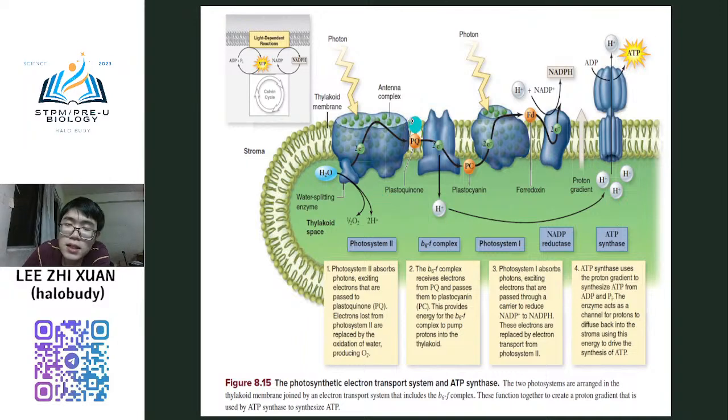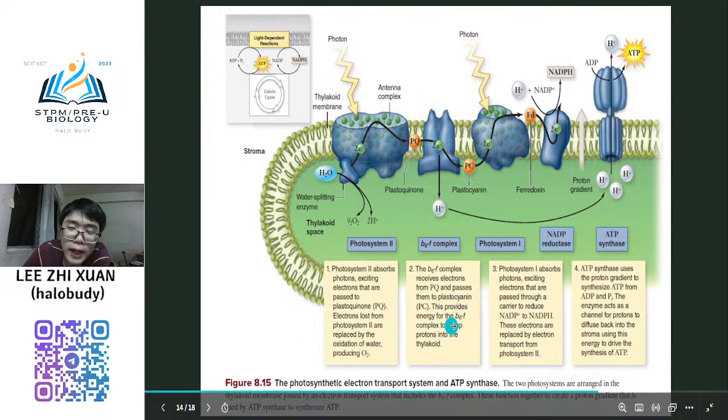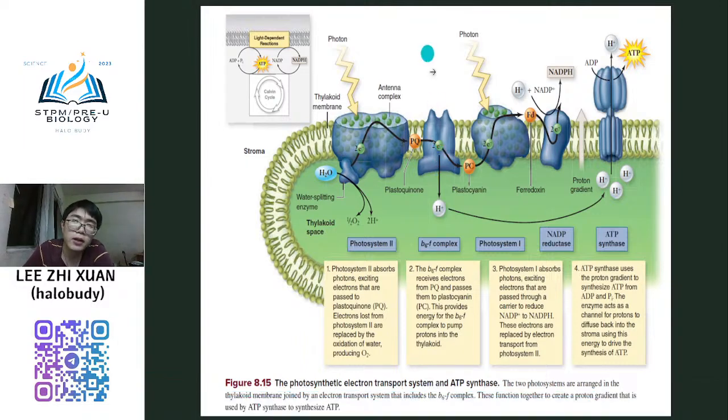And then you see here, I already mentioned that once the electron is received, it will provide the energy to pump the hydrogen ions inside the thylakoid space. So this one we call active transport.